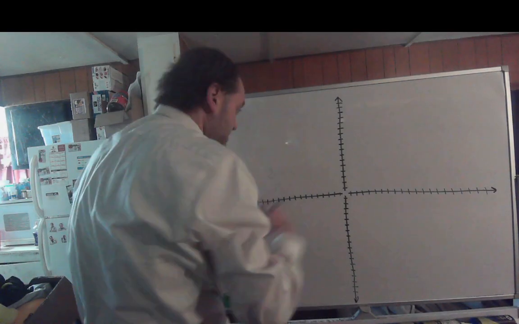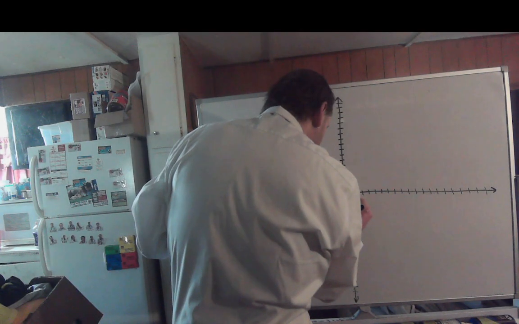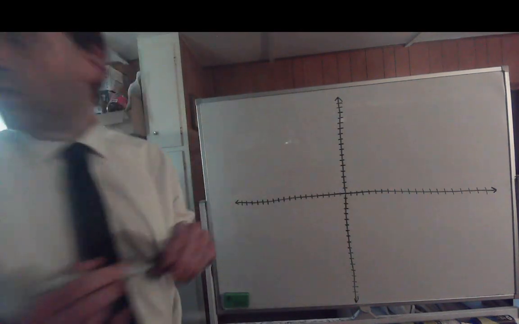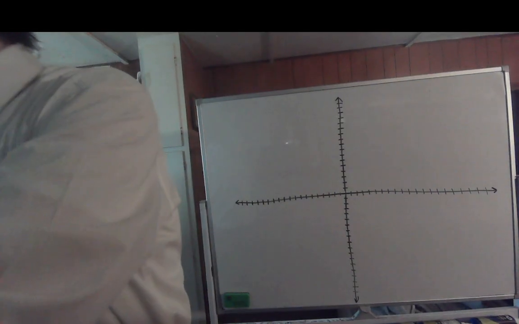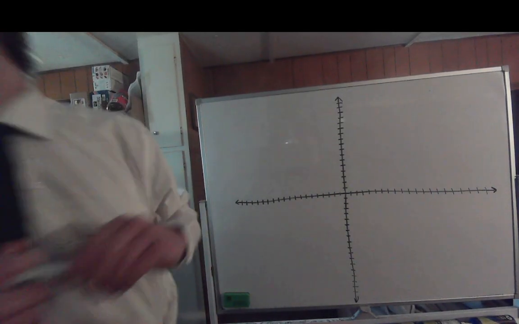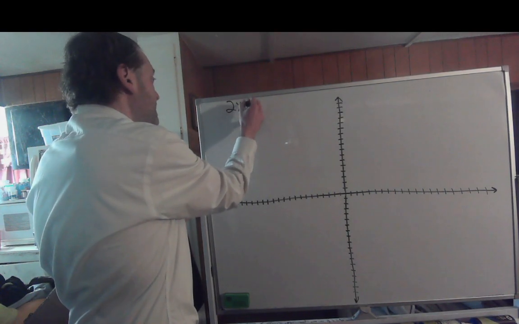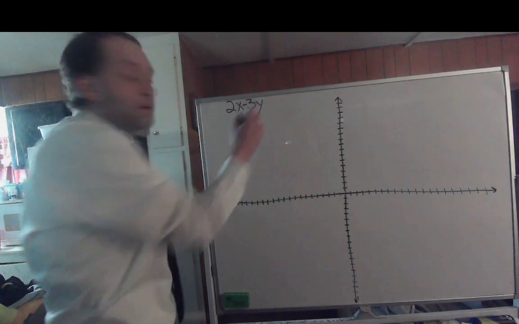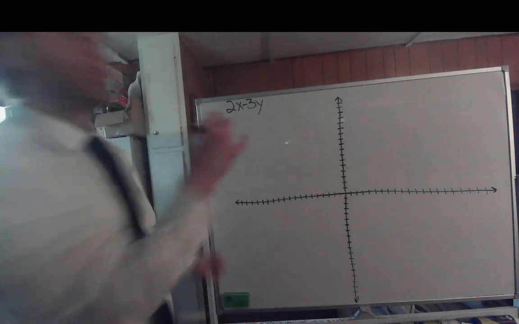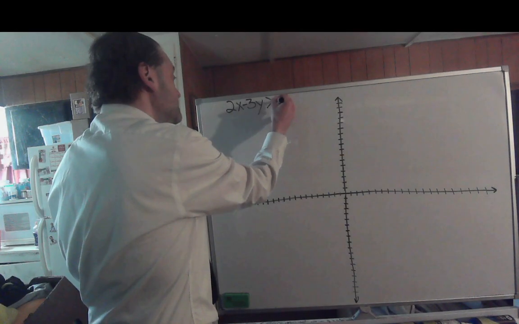Alright, let's draw this back in here. Alright, so what if we had, let's see here. We have 2x minus 3y is greater than negative 6.